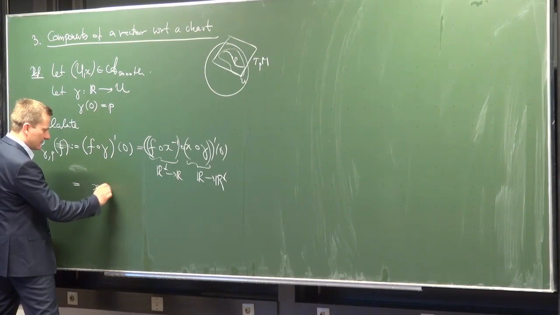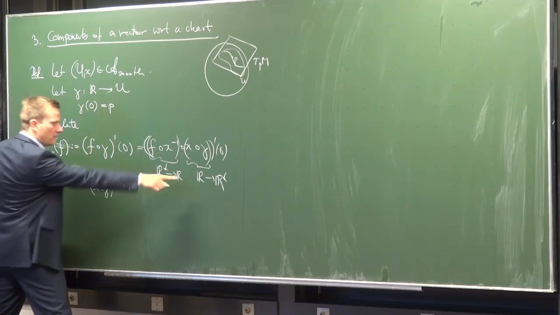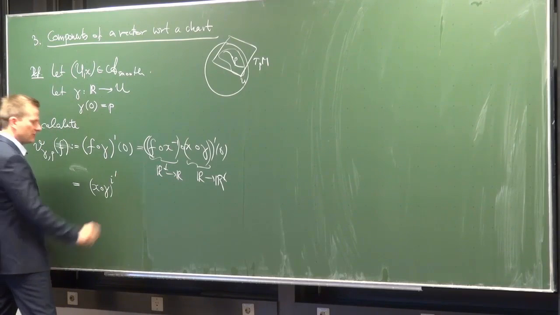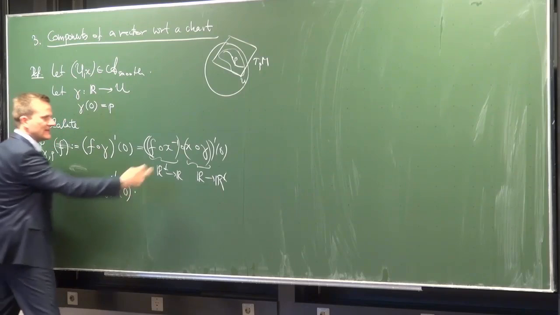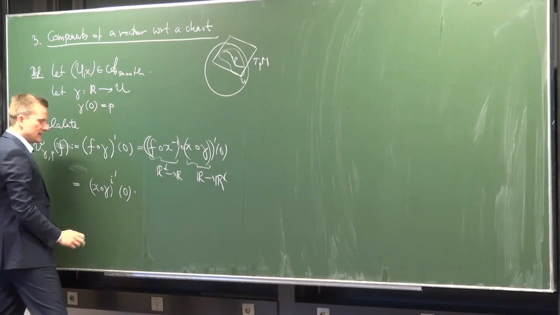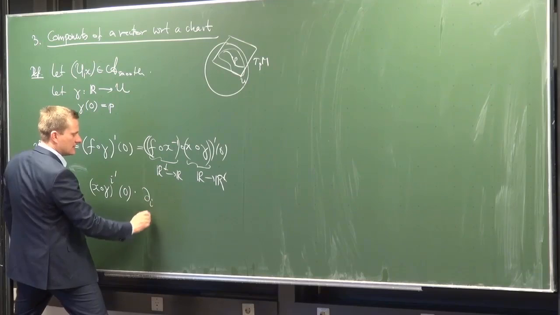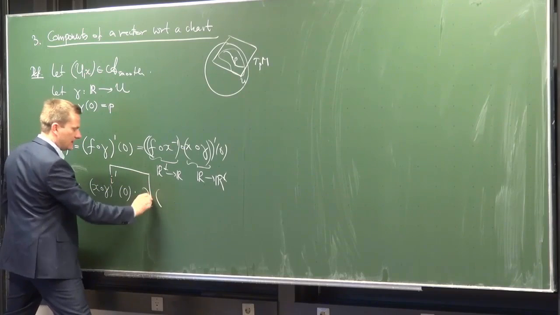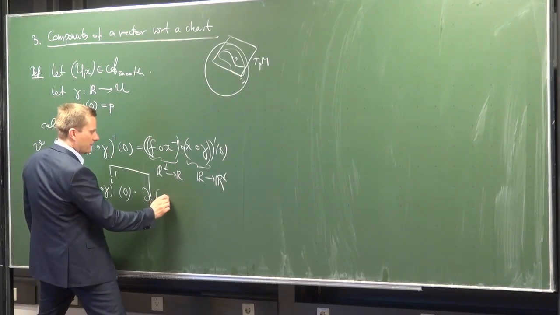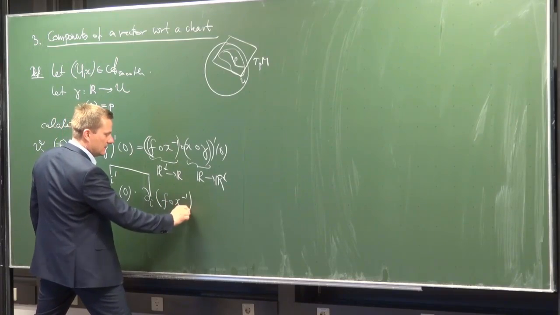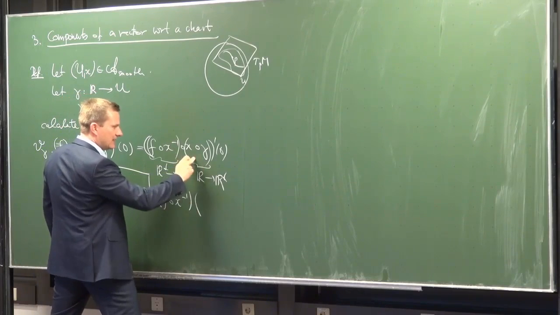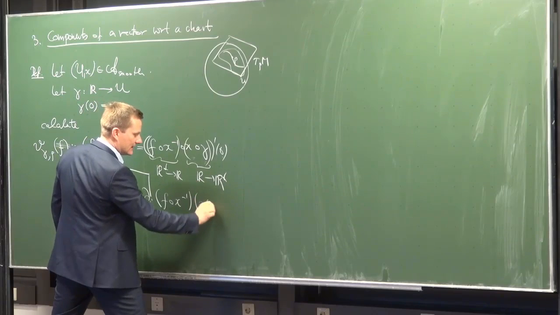I take the ith component of x after gamma, then I take the derivative at position 0, that's the inner derivative. Now I take the outer derivative, that's the derivative with respect to the ith direction, with summation, of f after x inverse, and that's evaluated at x of gamma of 0, that's evaluated at x of p.